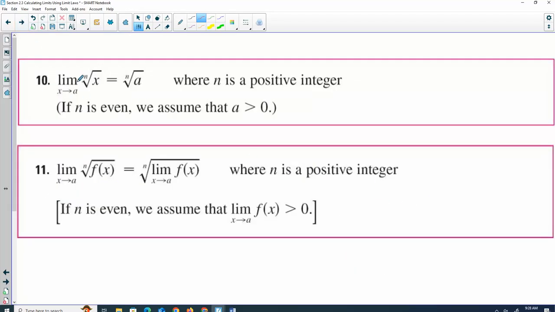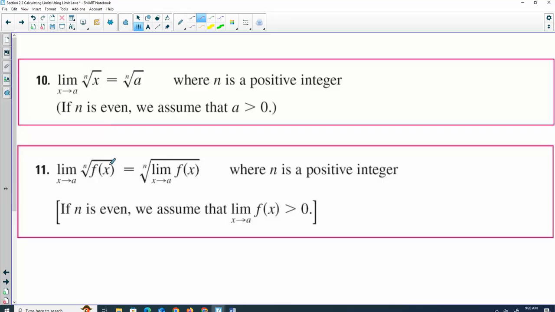All right, last one. If you have radicals, you can do the same thing. You can still just plug it in under the radical, assuming that a is positive if your n is even. So remember, if you have an even index, so a square root, fourth root, sixth root, it has to be a positive number underneath there.